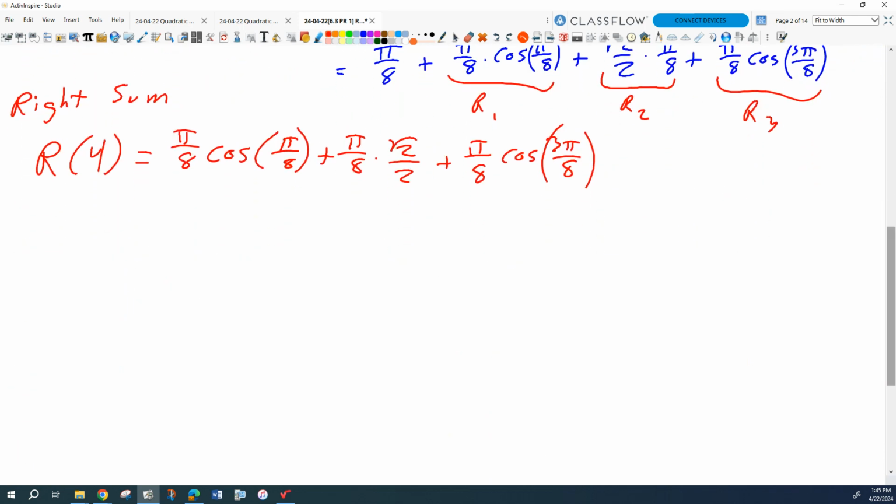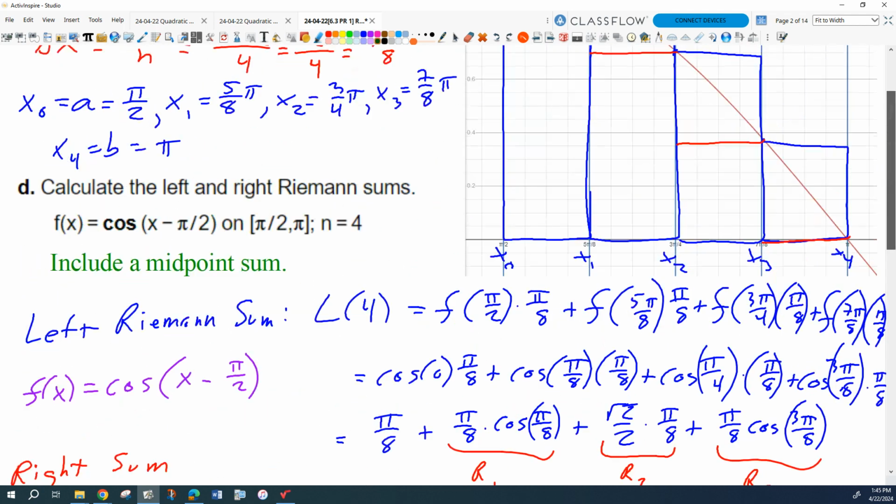Okay, what about the midpoint sum? The midpoint sum, if I add those up, what's going to be the area of the first midpoint rectangle? The width is just pi eighths, but where am I going to calculate the height of the first midpoint rectangle? What x value would I plug in?